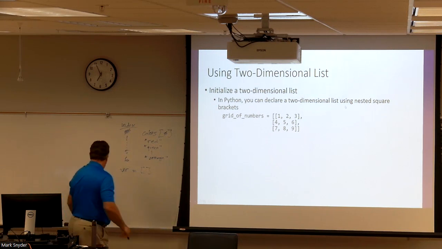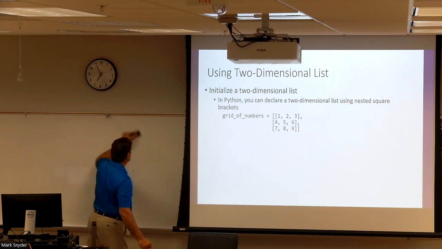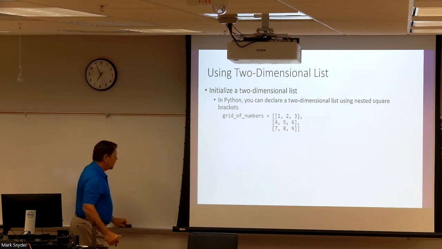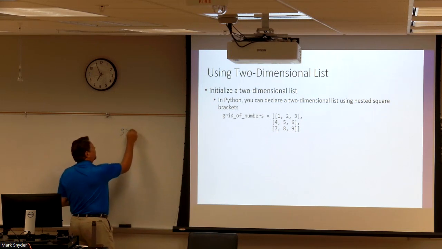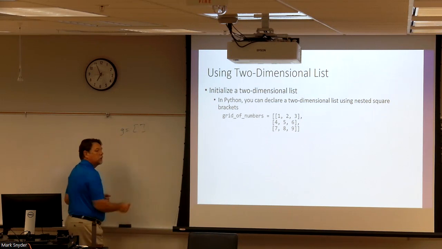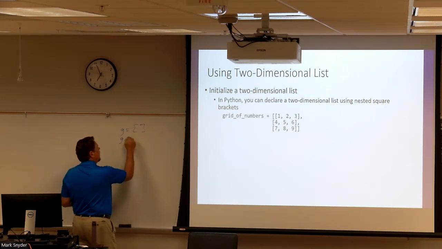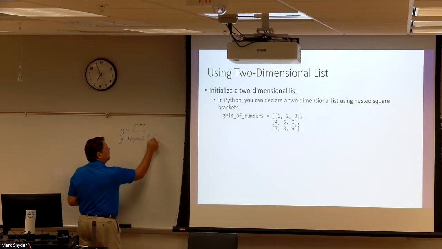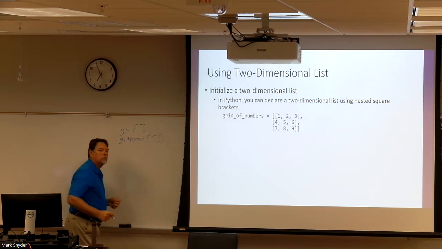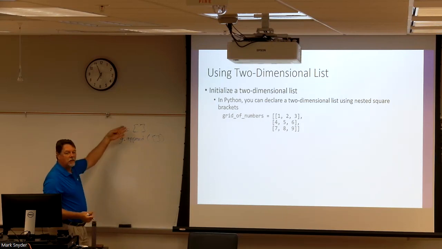If you were going to build one up programmatically, you would do something similar to what we did before, where you'd say my grid G equals an empty list. And then you say G dot append an empty list, right? So I've appended one empty list inside the empty list.